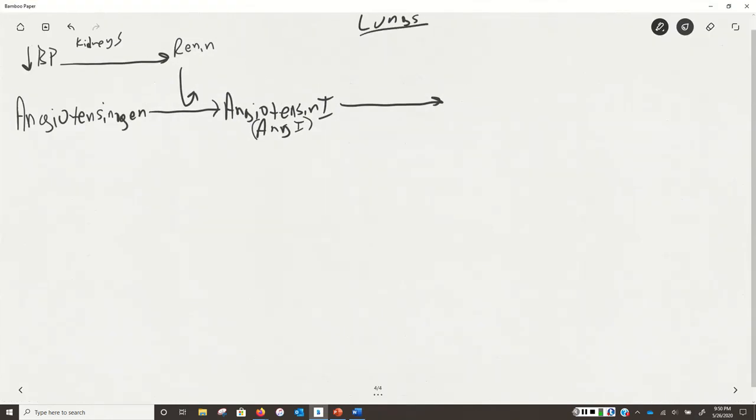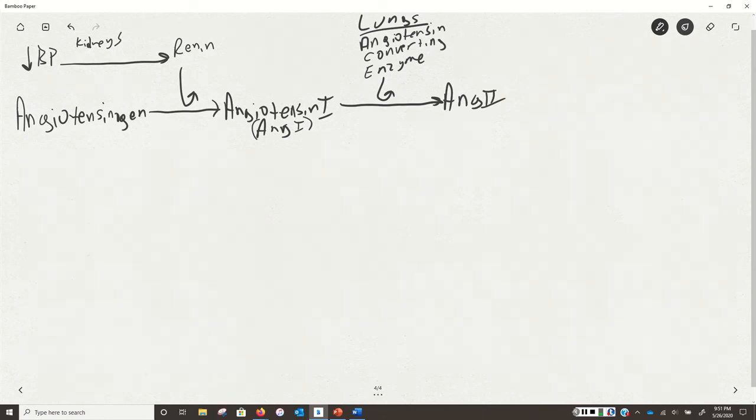And the lungs are going to have something called angiotensin converting enzyme. And angiotensin converting enzyme takes the angiotensin 1 circulating in our blood and converts it to angiotensin 2, Ang2.